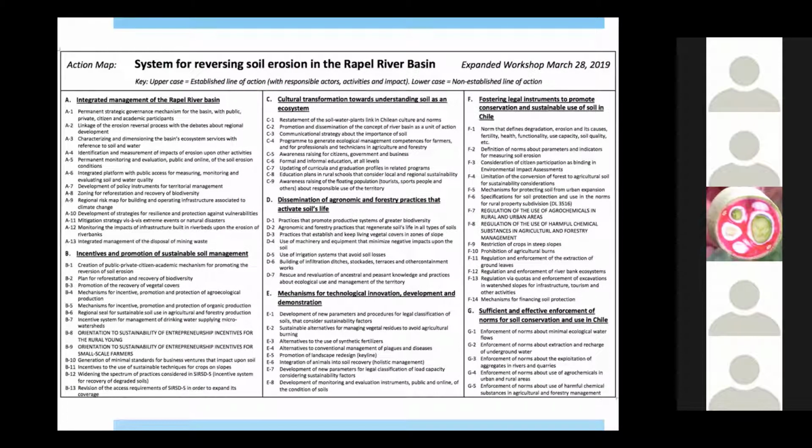The second case: this is the action map of the system for reversing soil erosion. You see it's a much more dense action map.